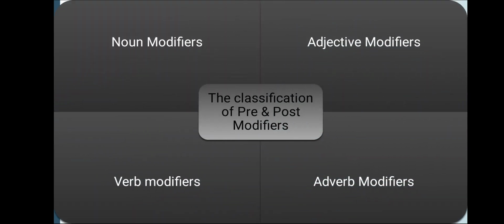Now we can classify according to the parts of speech in the modification. The classification of pre and post modifiers we can classify into four types: noun modifiers, verb modifiers, adjective modifiers, adverb modifiers.